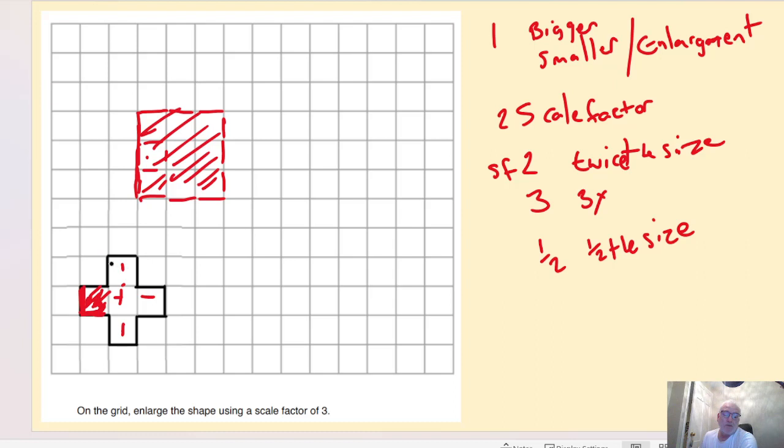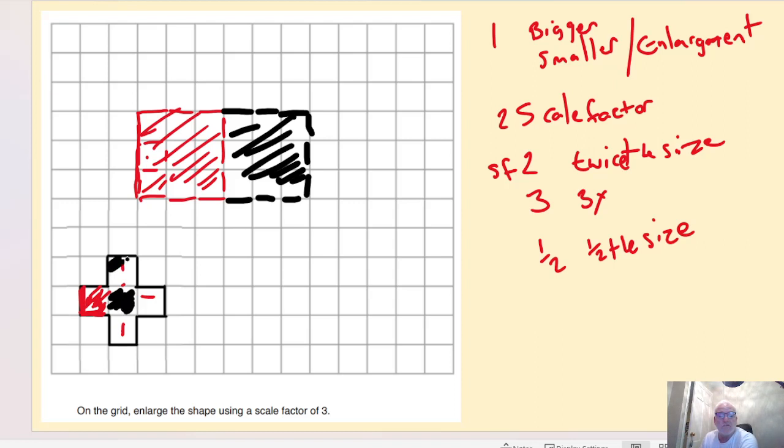Let's look at this middle bit. So we've got this square here. We know it attaches to that square and it's going to be the same size. So we've got 1, 2, 3 squares along, 1, 2, 3 squares down. And hopefully you can see that that square is 3 times bigger than the representation of that square there.